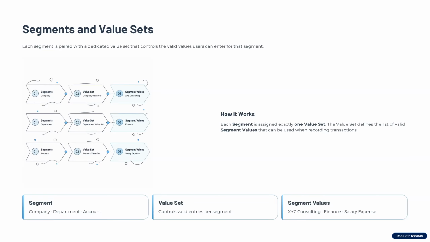What are the segments and value sets? We already discussed that the segments are nothing but company, department, and account. For every segment we need to create a value set. For company, we need to create the company value set and map it to the segment values.